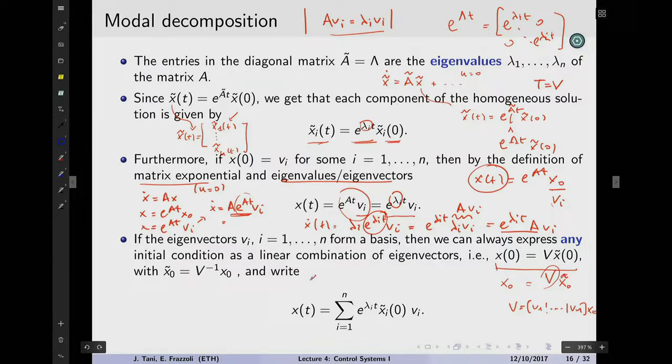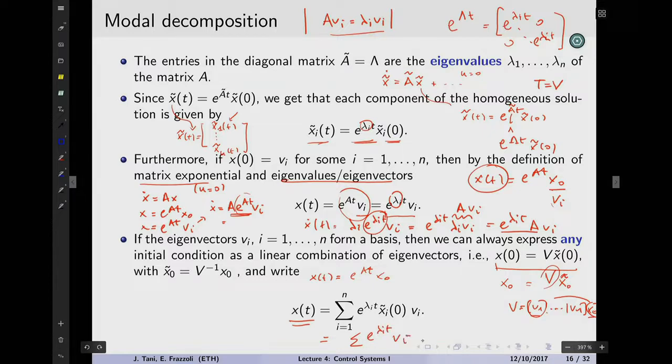So you can see that from x of t, that was our e to the At x naught, now, since each one of these components will excite a dynamic only in that specific direction, the whole evolution of the system can be expressed as a sum of shapes that evolve, each one of them only in the direction of a specific eigenvector, which is given by this Vi.